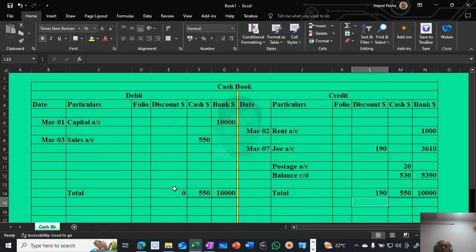Remember, never balance the discount column. If you balance the discount column, it's wrong. So when you are doing cash book problems in AS level and IGCSE, you may be asked one or two cash book problems. Never balance the discount column.